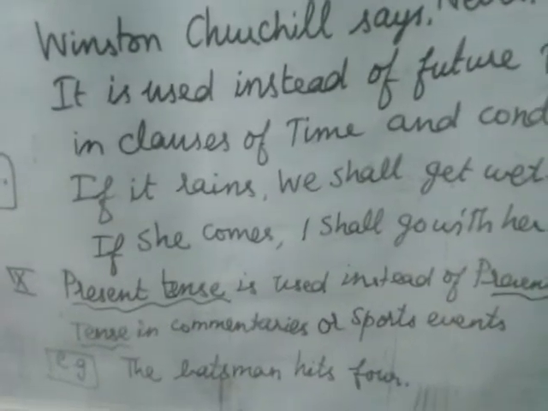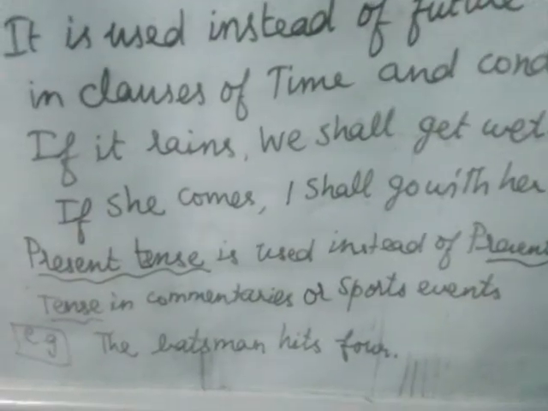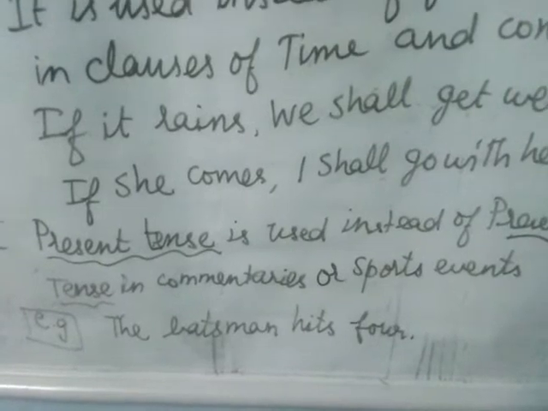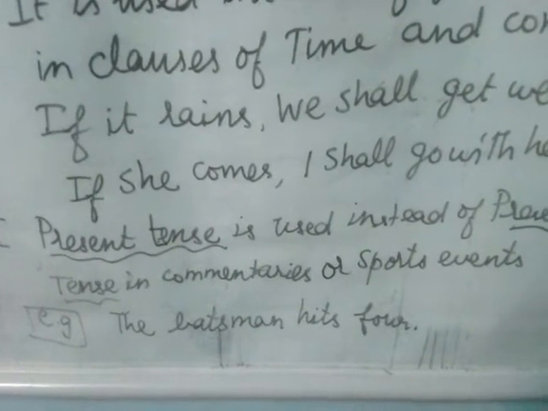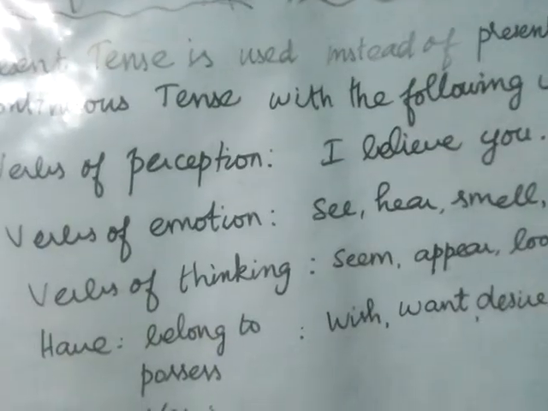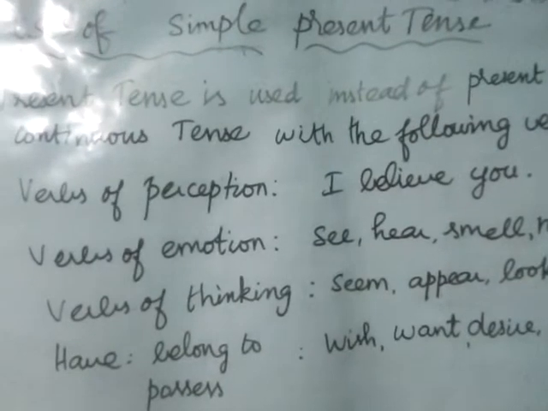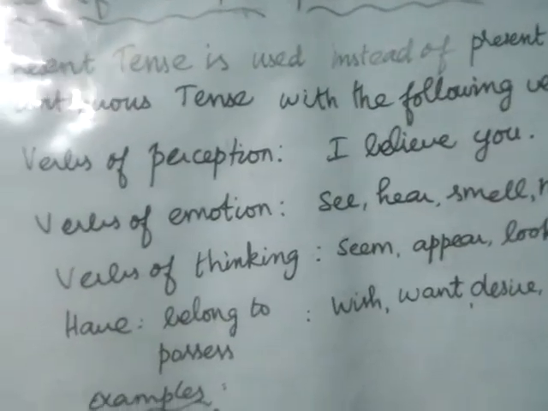Ninth one, present tense is used instead of present continuous tense in commentaries of sports events. Example, the batsman hits 4. Present tense is used instead of present continuous tense with the following verbs.